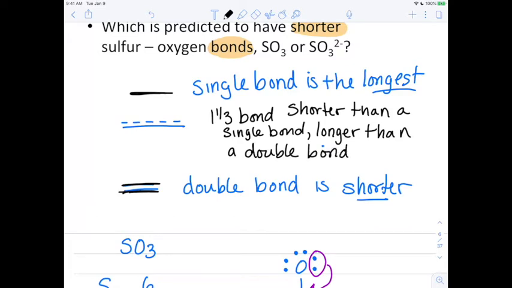So if the single bond is the longest and the double bond is shorter than that, a 1 1/3 is somewhere in between them. So what do we think about the 1 1/3 bond being shorter than the single bond? Any questions on that? Because I saw on the chat there was mixed feelings about whether it should be the single or the 1 1/3.